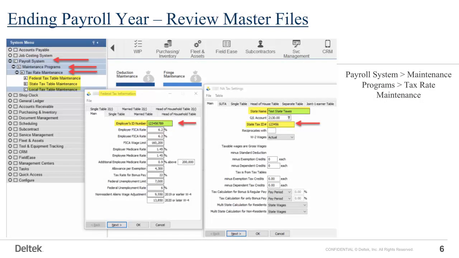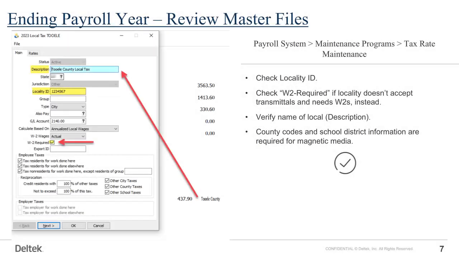You'll then need to verify the tax identification numbers by selecting Payroll System, Maintenance Programs, Tax Rate Maintenance. Check the Federal ID number in Federal Tax Rate Maintenance, and then check the State ID number in State Tax Rate Maintenance.